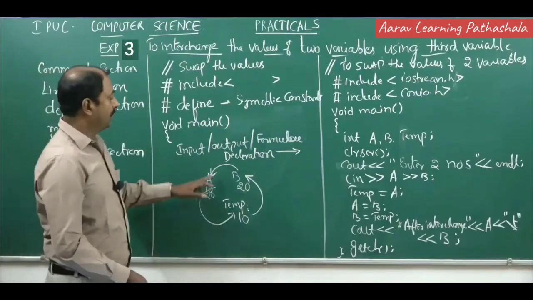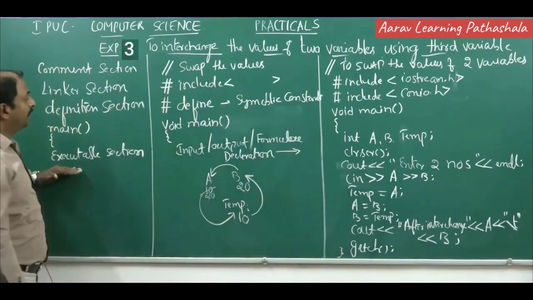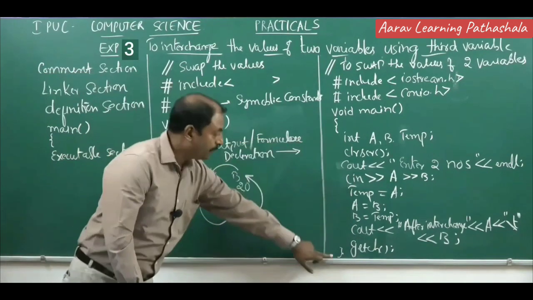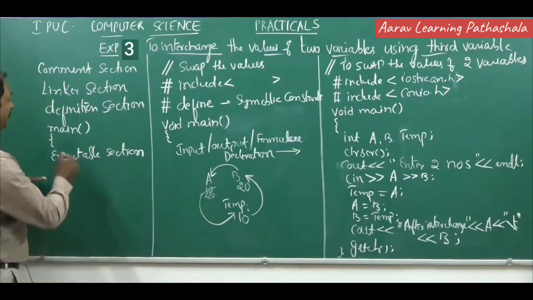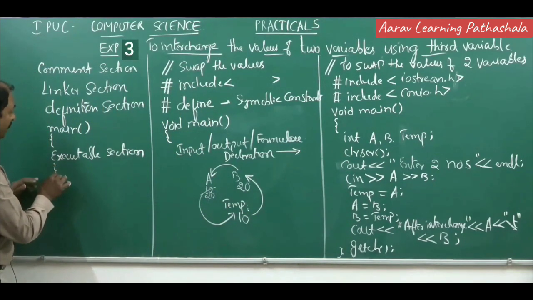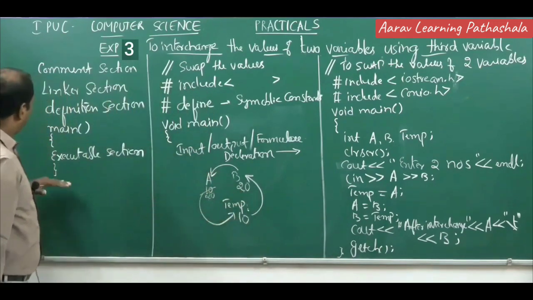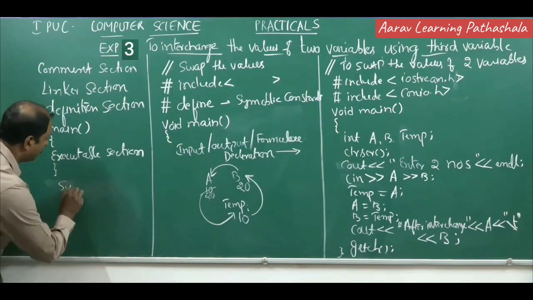So this is the logic, and this is the programming statement, and this is the executable section. After void main, we close this executable section with a curly bracket, as we have done here. So the next step is the subroutine section.